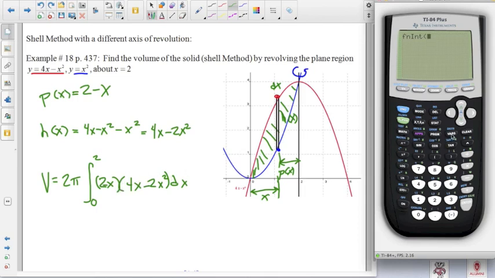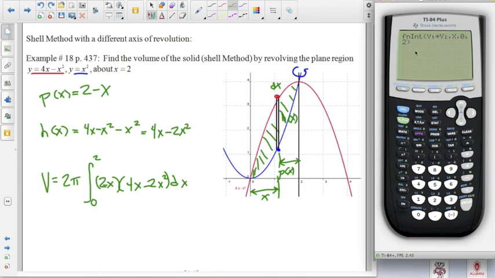So I'm going to go into vars, into the Y-vars function, and grab y1, then hit the multiply sign, go back into vars and y2. Now I have y1 times y2. That represents these two functions being multiplied together. The variable of integration is x. And we're going to integrate from 0 to 2.